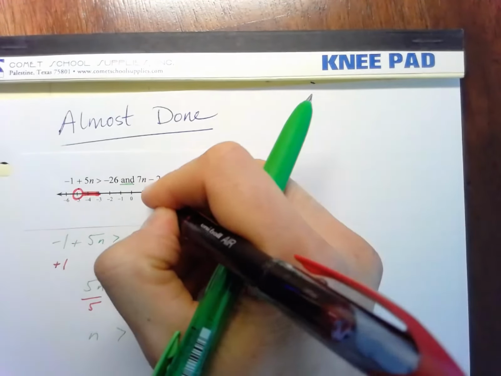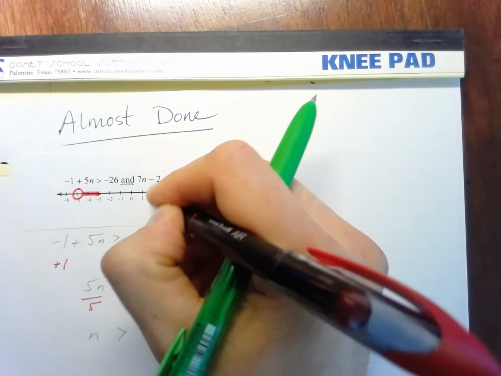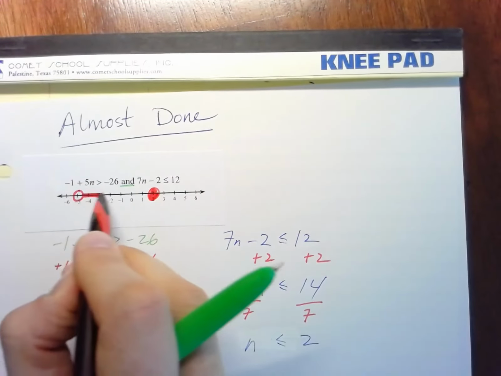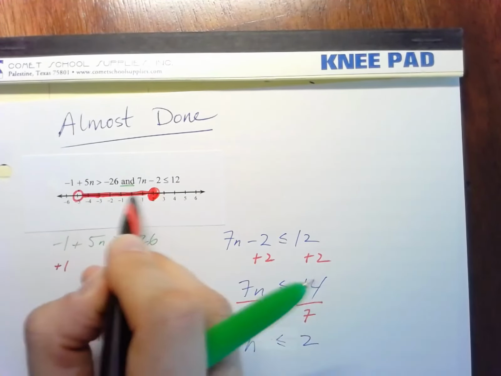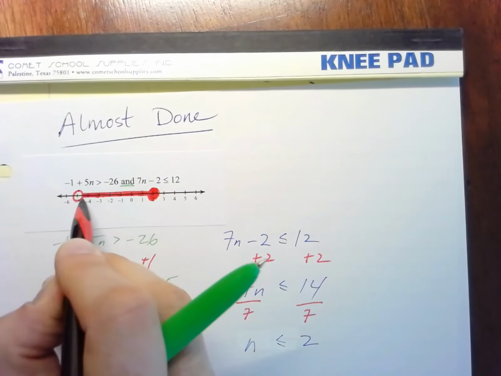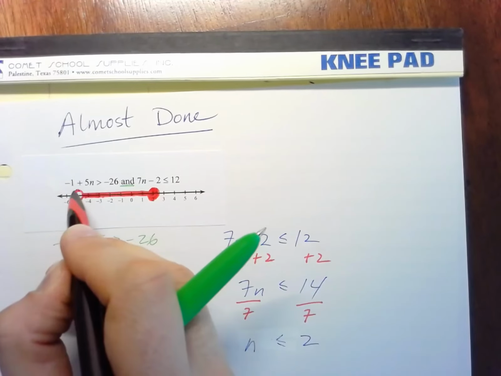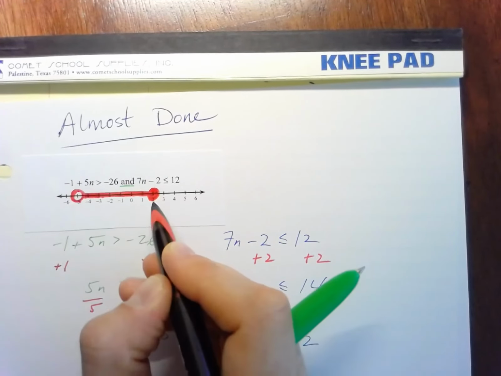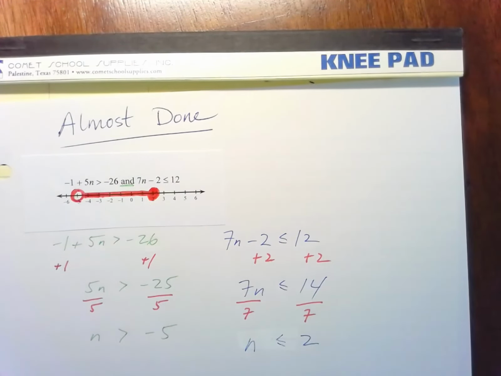So here's 2. That one is filled in, and so then we're going in between here, and here's an example of one where one end of it is open and the other end of it is closed, and that's perfectly okay.